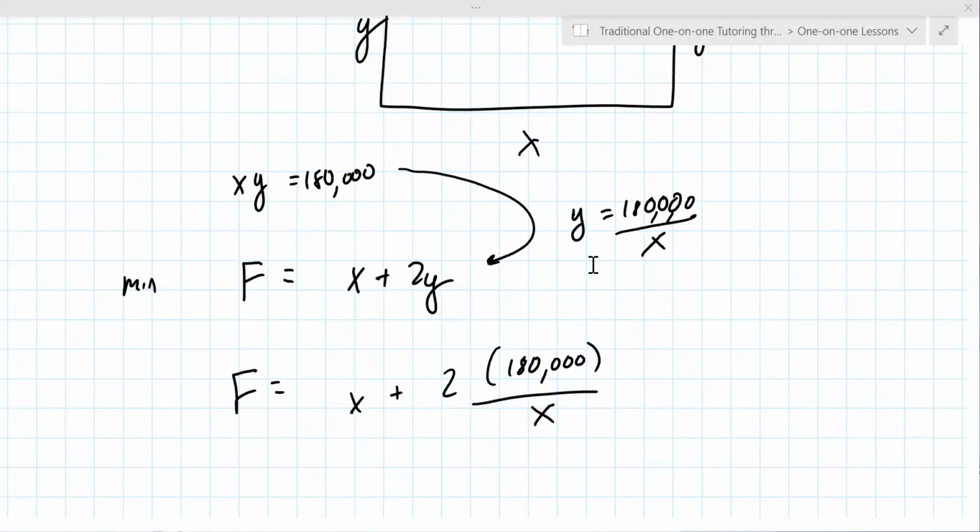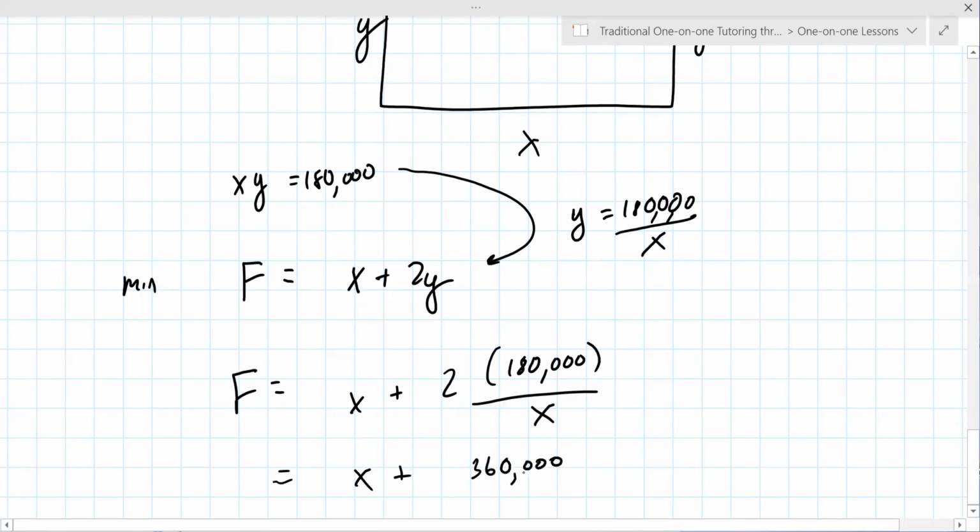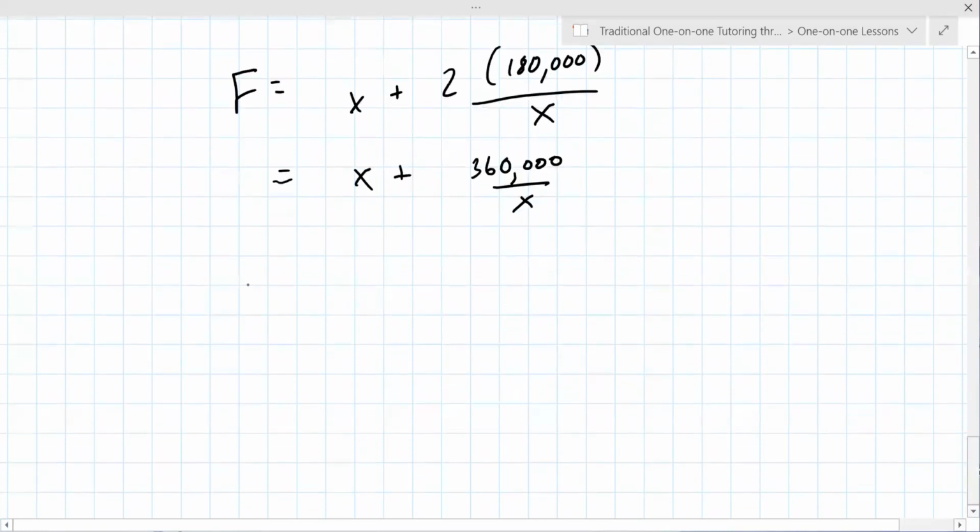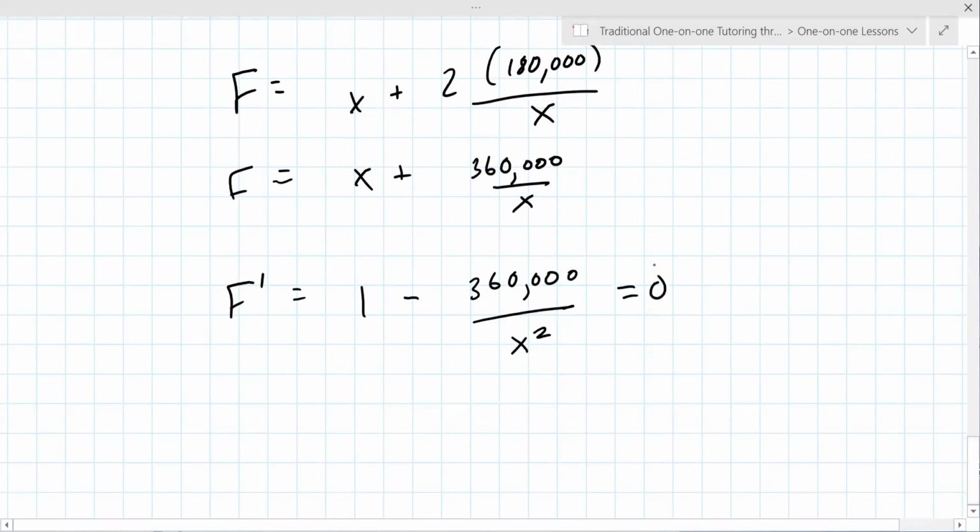So let's clean this up just a tiny bit: x plus 360,000 over x. So your derivative f prime is 1 minus 360,000 over x squared. Set that equal to 0 and solve for x.